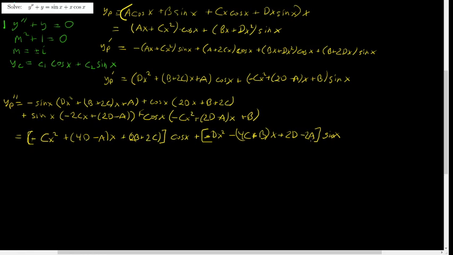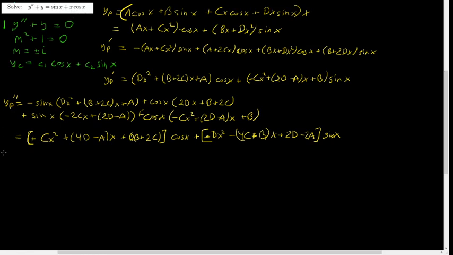All right, so that's our second derivative, that's our yp second derivative, right? So now we just add that to the original yp up here, and that should equal x sine x plus x cosine x.